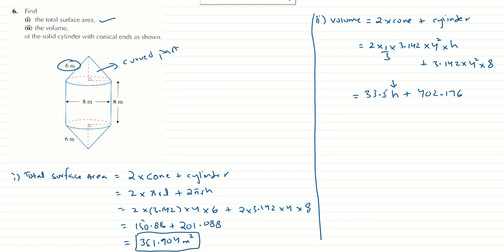Now in place of h we need to input the height of cone. So height of cone is not given in the question. This vertical height is not given in the question.